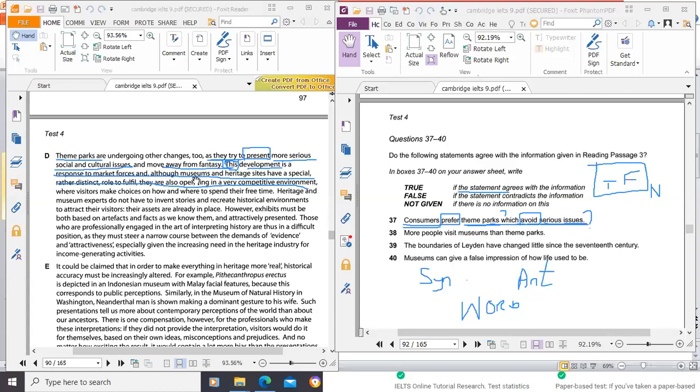But what we are doing is minimizing the mistakes. What we are looking for is to have 35 and above. So even if we make mistakes, it still contributes to the overall success.